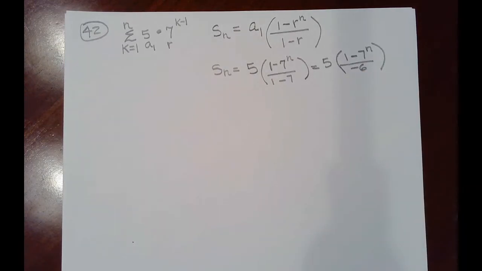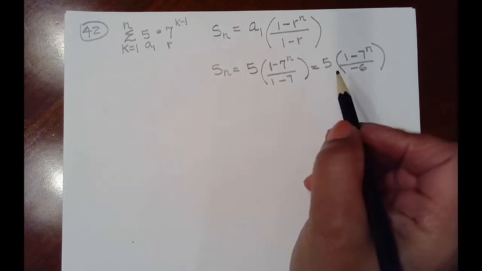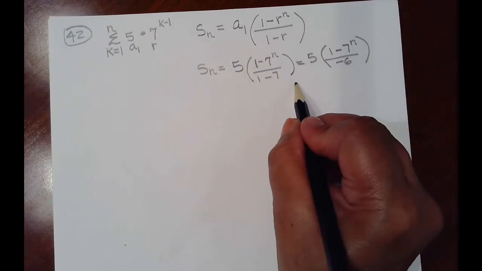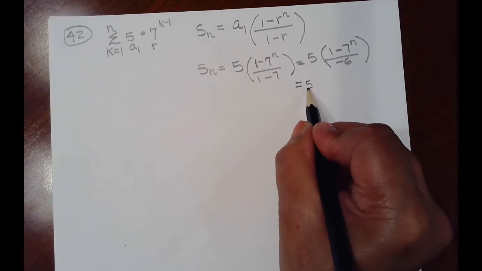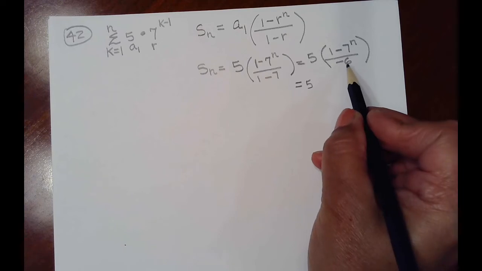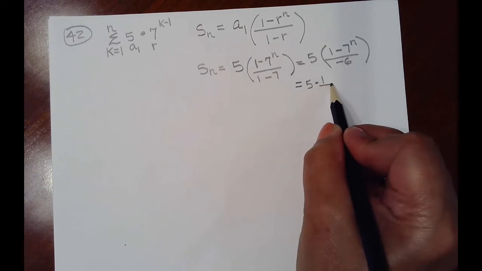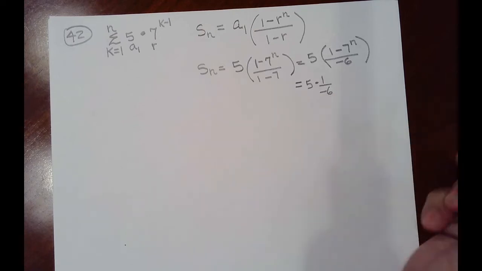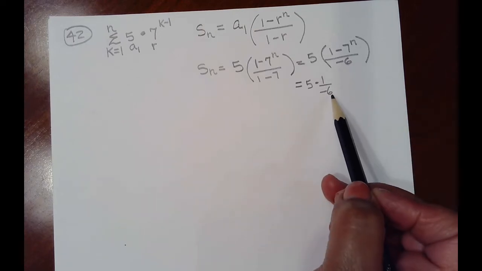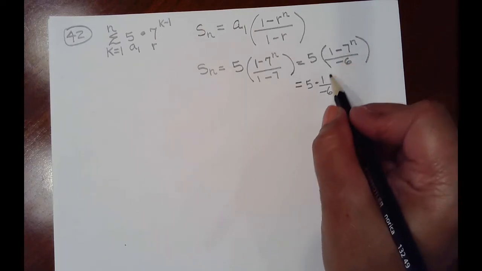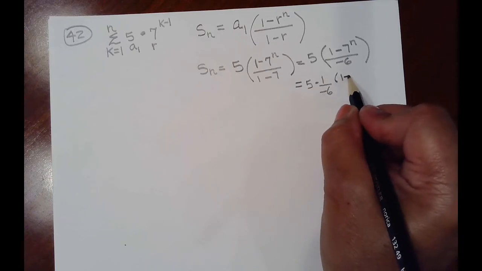You're going to see often that they are going to separate this fraction. So in other words, this can be written like this. You can write the bottom of this fraction as 1 over negative 6, just as long as you keep that negative 6 in the denominator. And then you can write this top part off to the side.